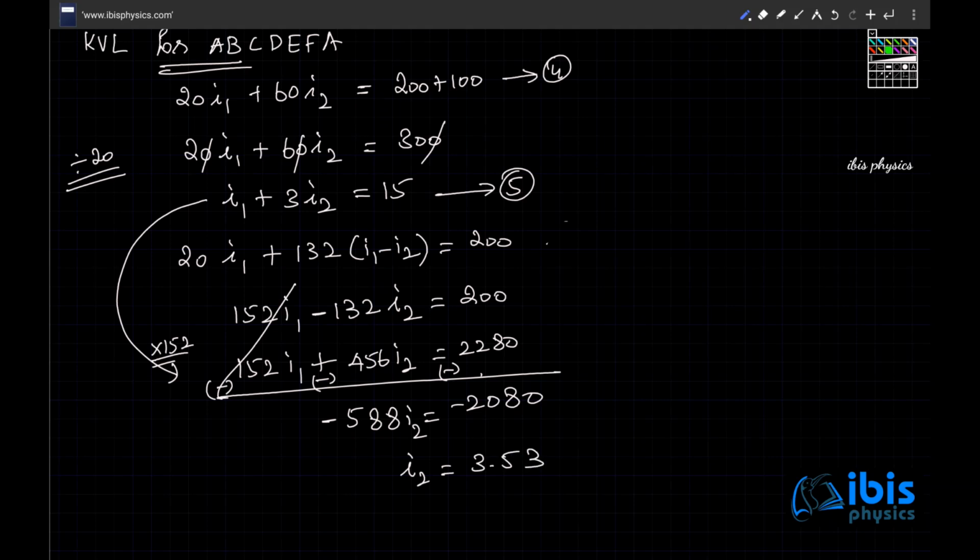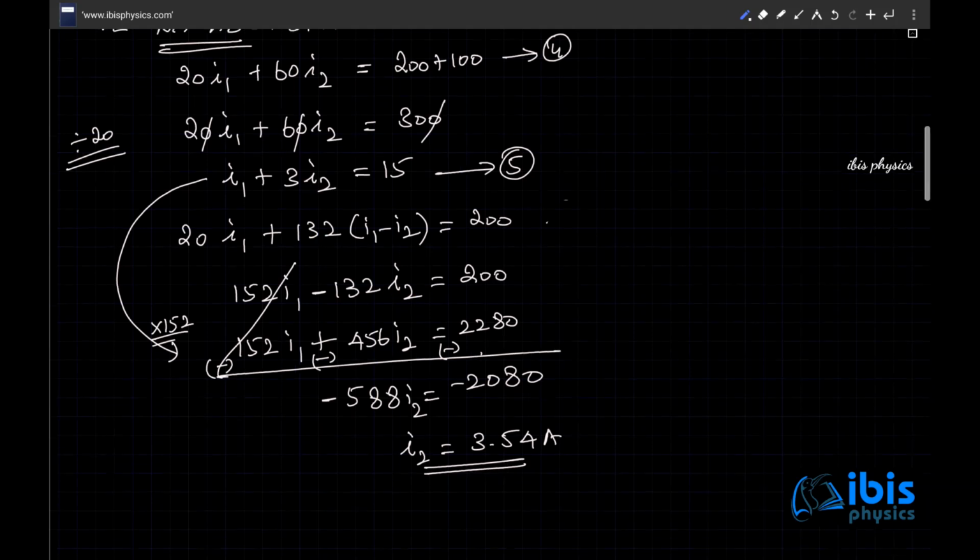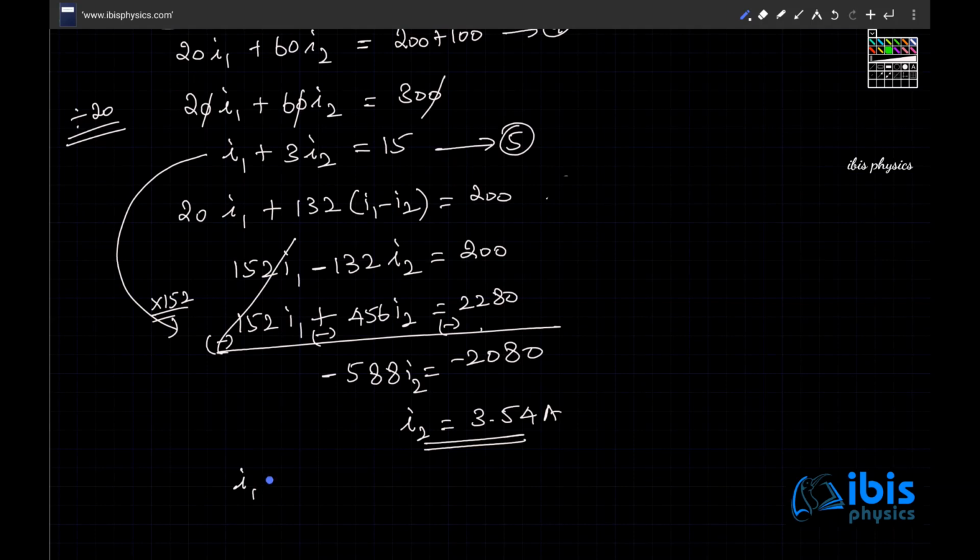3.53 ampere. So we have found I2 as 3.53 ampere approximately. 3.537 will come. You can approximate it as 3.54 ampere. I2 is found. If you substitute I2 back in the fifth equation, I1 plus 3 times 3.54 equal to 15.